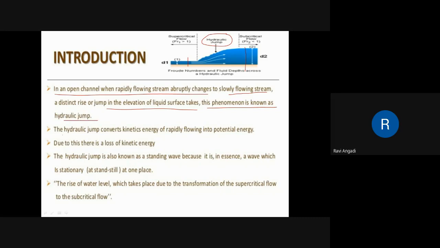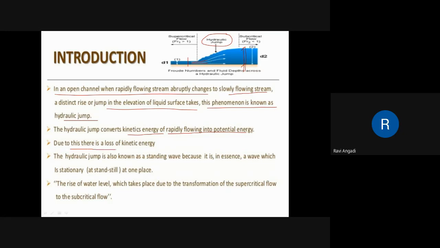The hydraulic jump converts the kinetic energy of the rapidly flowing stream into potential energy. See here, it is flowing with very high velocity and converting kinetic energy into potential energy. Here you get almost standstill water. Before reaching subcritical flow, it was shooting, rapidly varied flow.